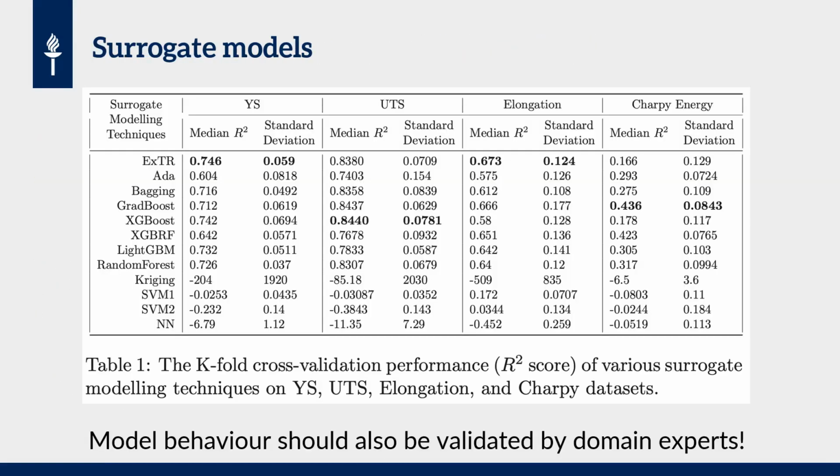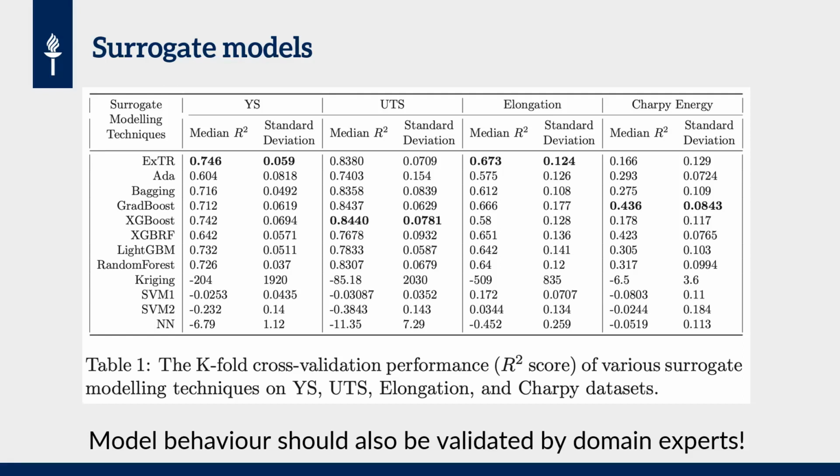Yeah, that is one of the things that I skipped over because of time, but when we were choosing these models in the first place, we did not just do this k-fold cross validation. We did a bunch of other tests as well. And once we had these models chosen, they were validated by those two decision makers as well.